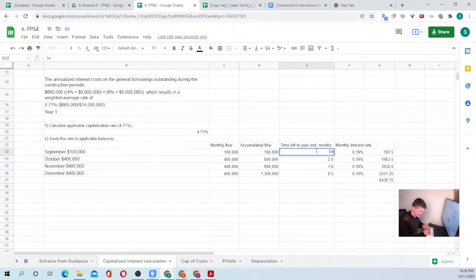Let's make it here. September 15, October 15. October 16, November 15. November 16, December 15. December 15, December 31st. Okay, now it should be more or less clear.